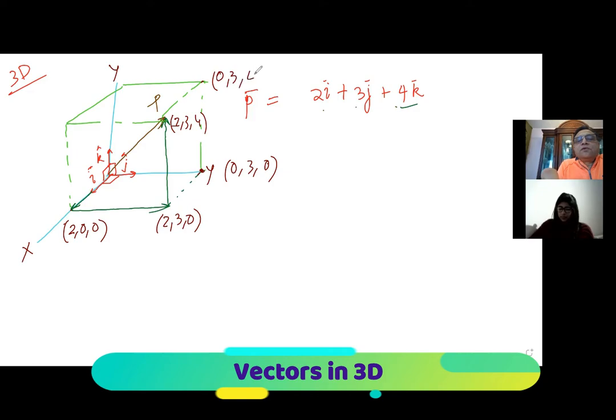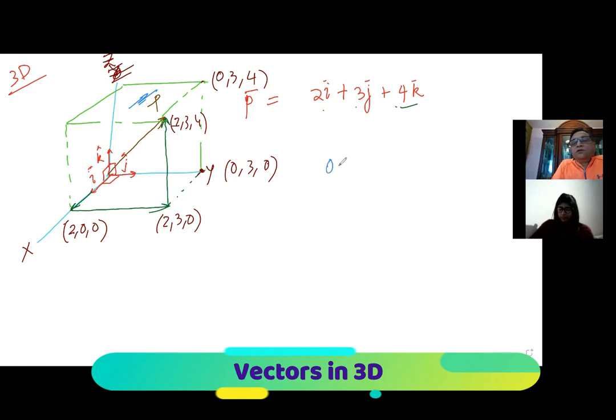3, 4. Now, when I'm writing 0, 3, 4, I am in, oh, this is Z, sorry, sir, this is X, Y, Z axis, correct? Yes, X, Y, Z axis. So look here, when I'm at this particular point, which is this plane, I have 0, 3, 4.